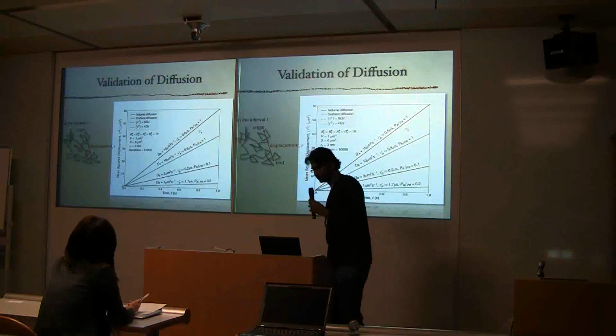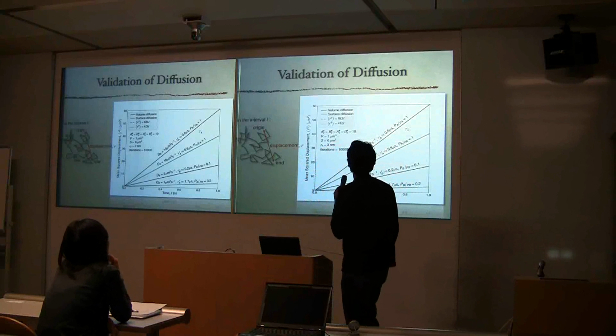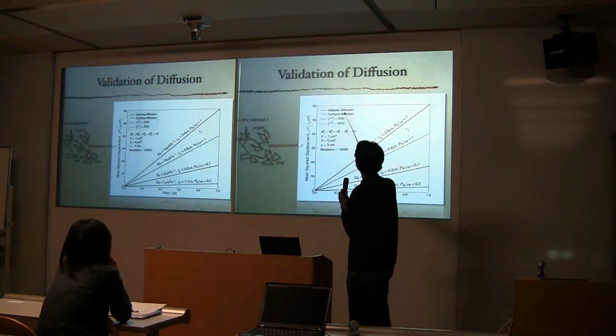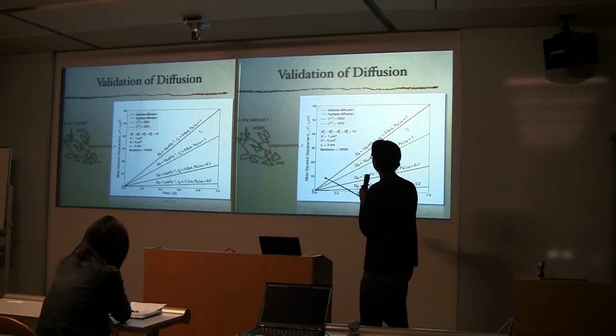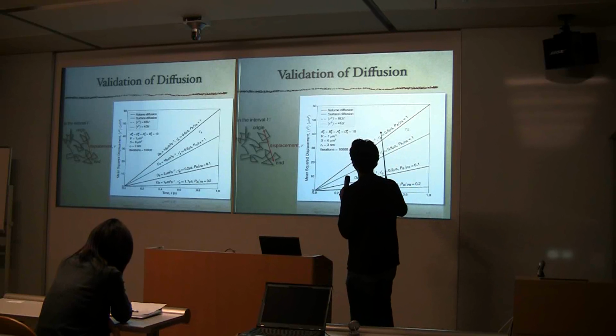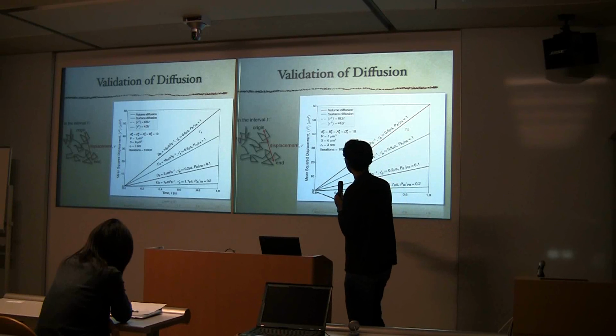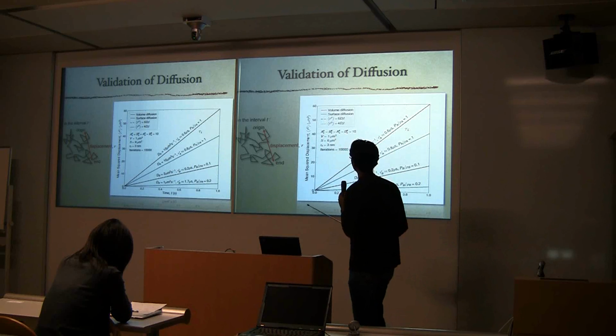Next, I wanted to make sure that the method is correct. So first I validated the diffusion in both volume and surface compartments. Here you can see that the diffusion agrees correctly with the predicted analytical values. This axis shows the time, and here shows the mean square displacement of a molecule.